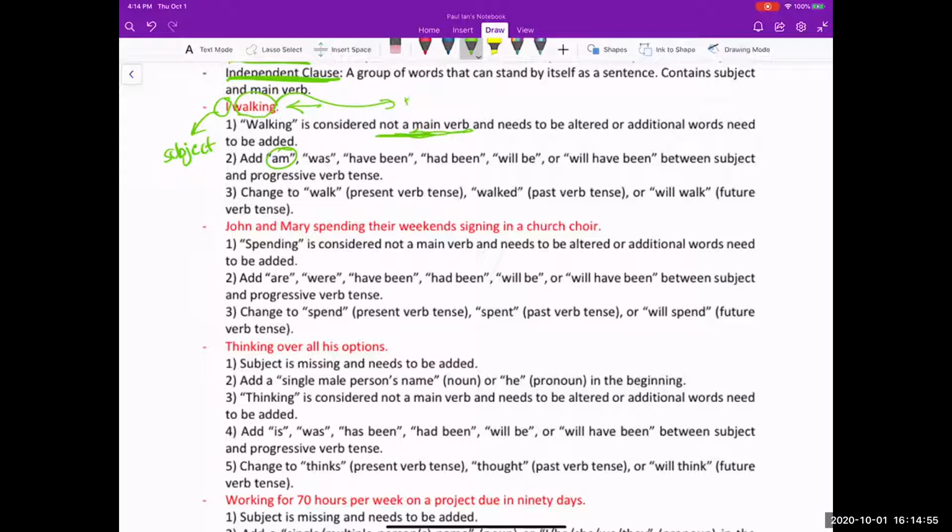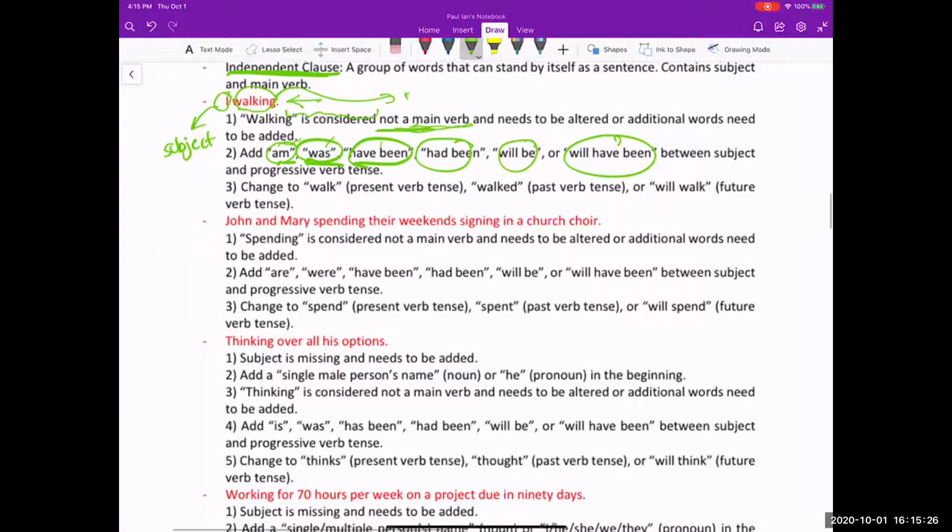It's not a predicate. Usually the predicate is the transition, and then there's a verb. So it could be 'I am,' 'I was,' 'have been,' 'had been,' 'will be,' 'will have been.' You don't know which tense it should be, because you have no idea what comes after this. It could be any one of these, so you have a choice there.